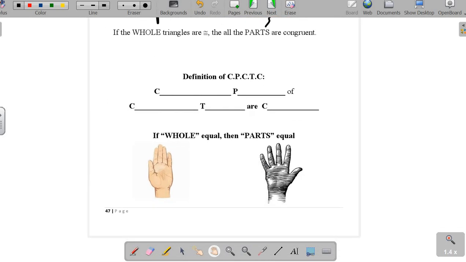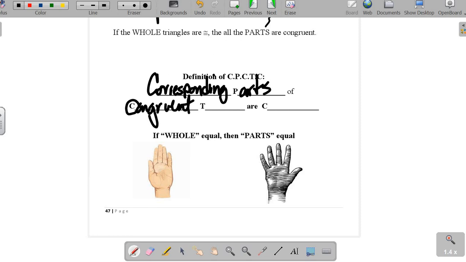We have an acronym for this. You want to fill in these words. Corresponding parts of congruent triangles are congruent.